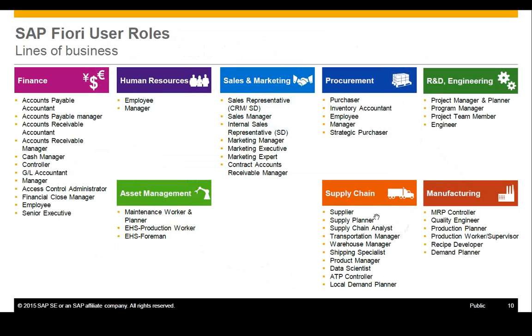These are your supply chain roles. And we have asset management role. So these are various roles which are pre-delivered, which are there in the system, which we can use, which we can deploy.